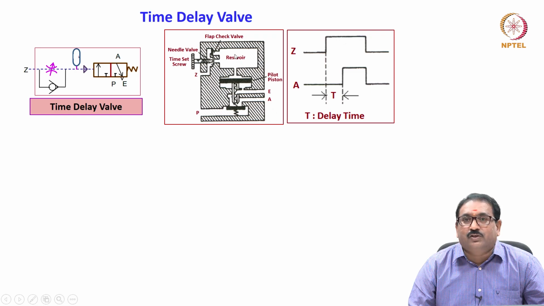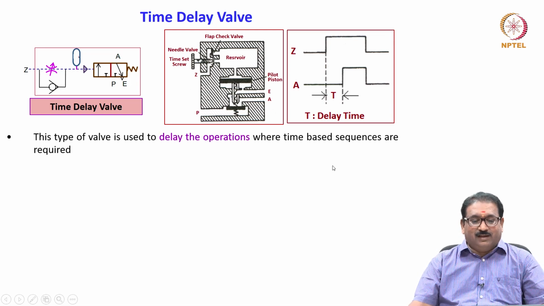Here the fluid is stored through the jet port by using the needle valve opening. Then when a jet is applied, the A port will open only after satisfying the certain delay that you set. This type of valve is used to delay the operation when time based sequences are required.